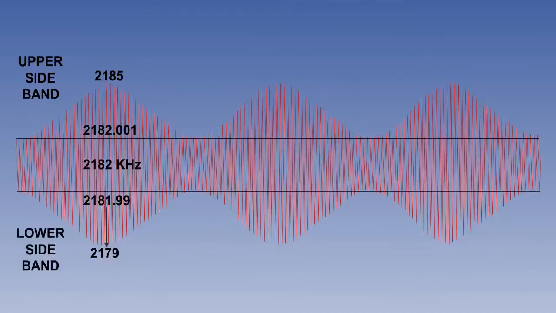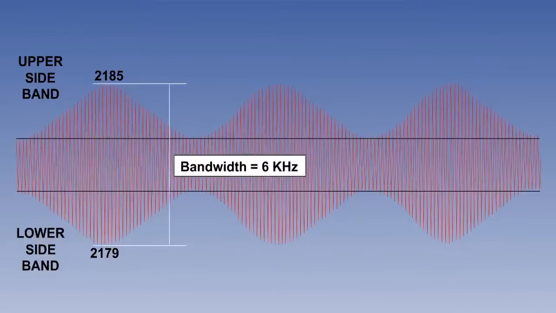The other, lower sideband, extends downwards from 2181.99 kHz to 2179 kHz. The spread of frequencies is therefore from 2179 kHz to 2185 kHz, giving a bandwidth of 6 kHz, that is, double the audio frequency used.